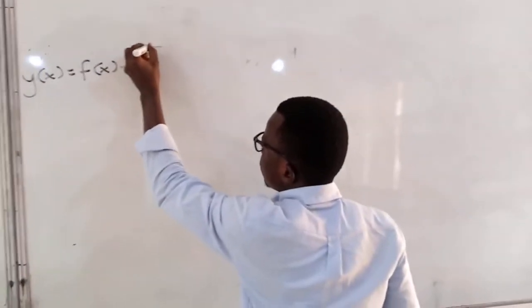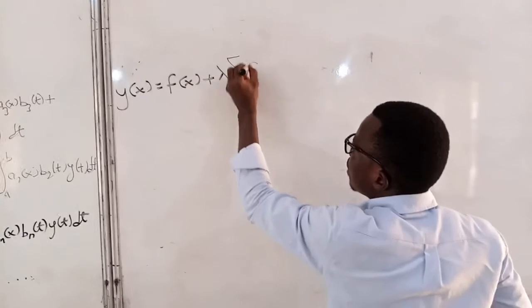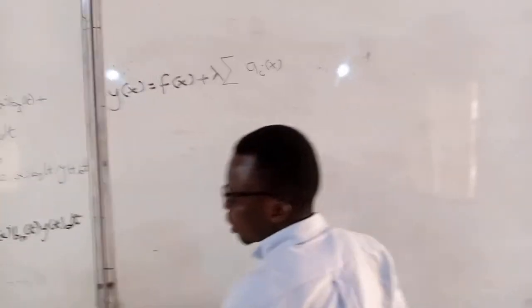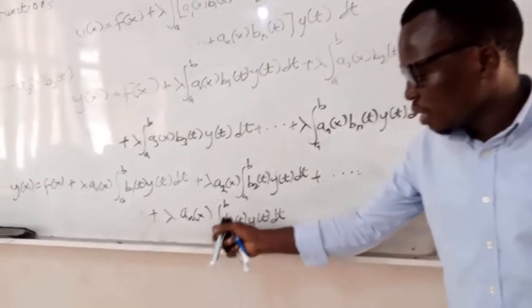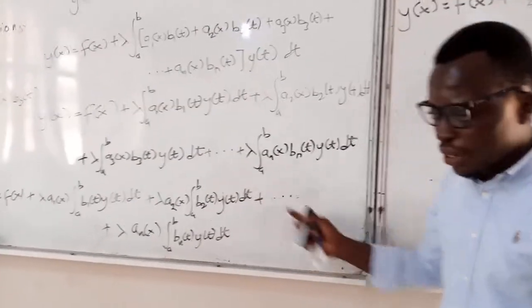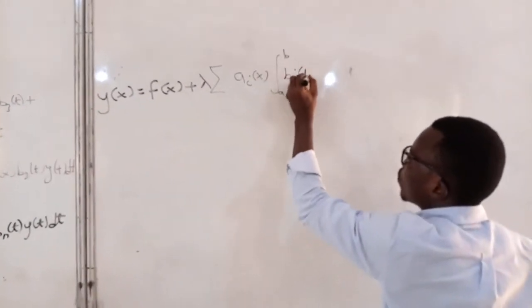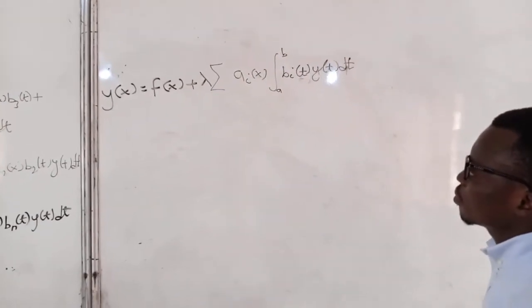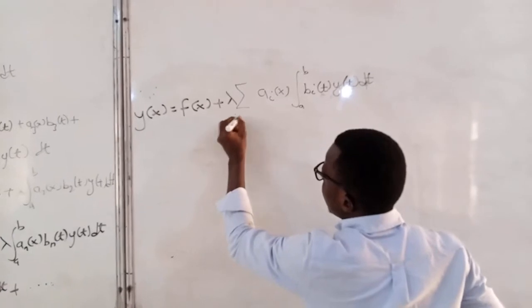I'm going to represent it by summation of ai of s, that is 1, 2, 3 continuous. Then I have integral from a to b, then b1, b2, b3. So it becomes integral from a to b of bi of t, y of t dt. So this is the series form where i runs from 1 to n.